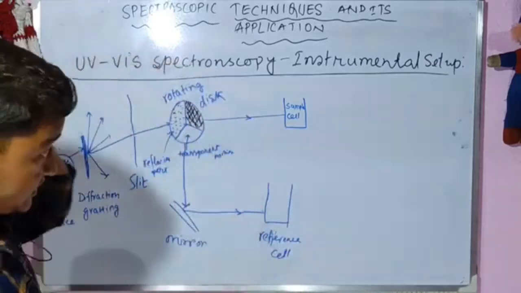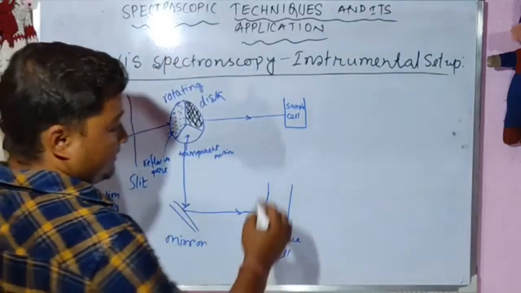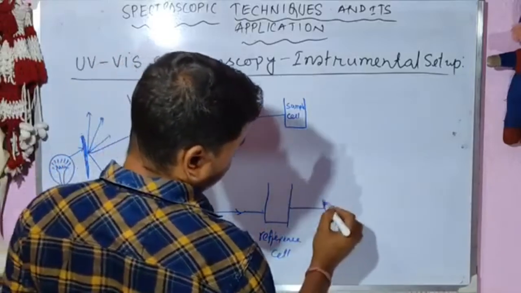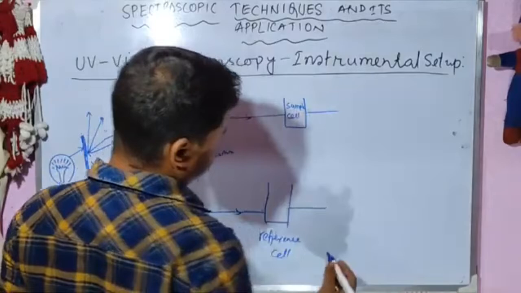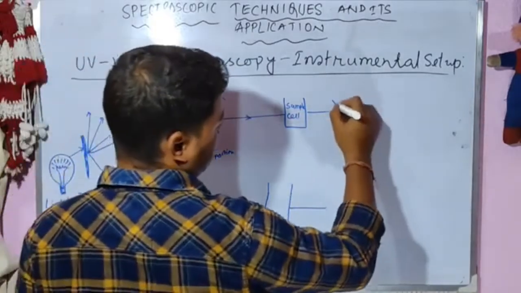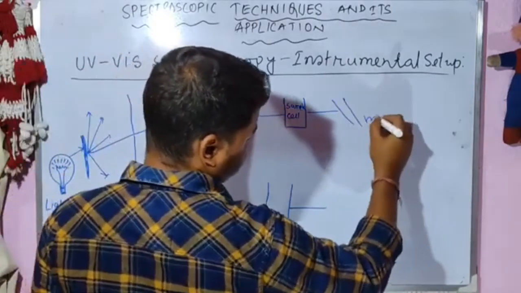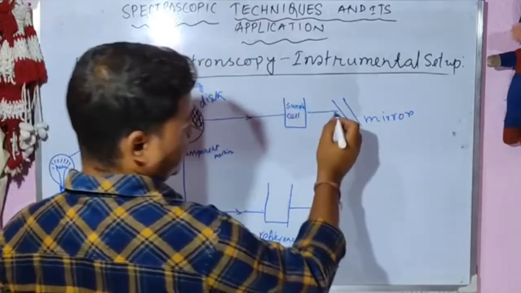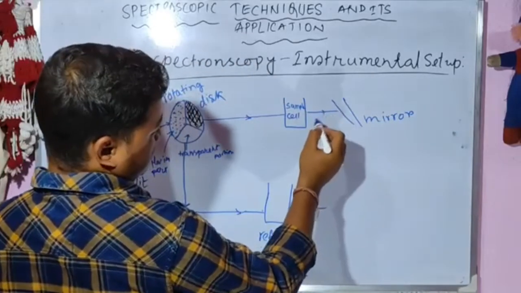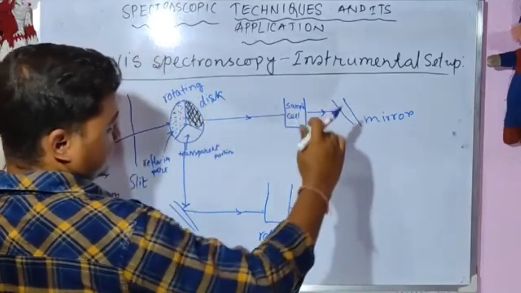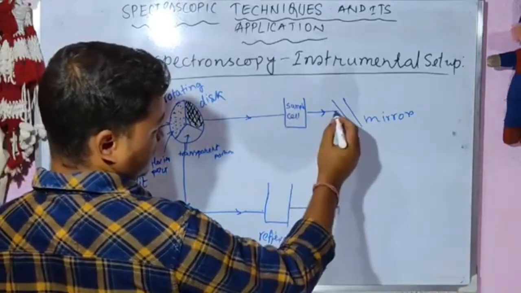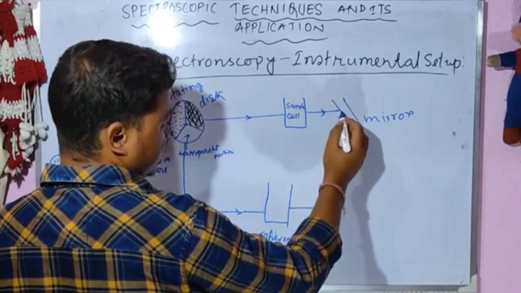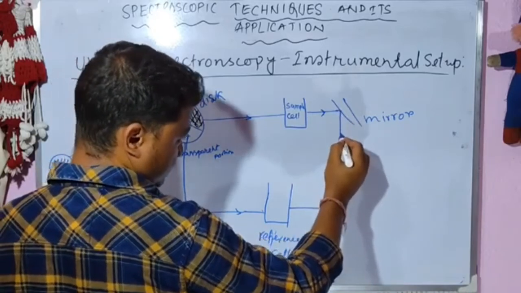Light passes through them. Here also one mirror is present. The light from the transparent portion, or the light of the sample, reflects here and goes through here.